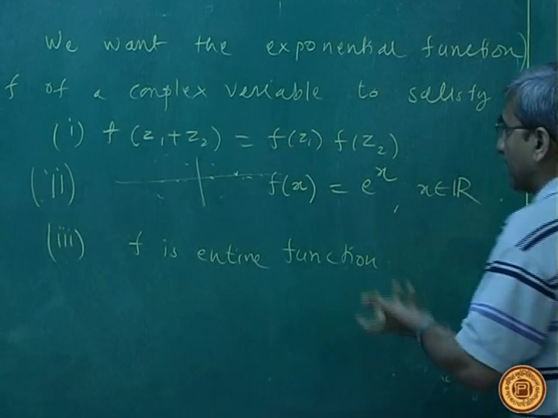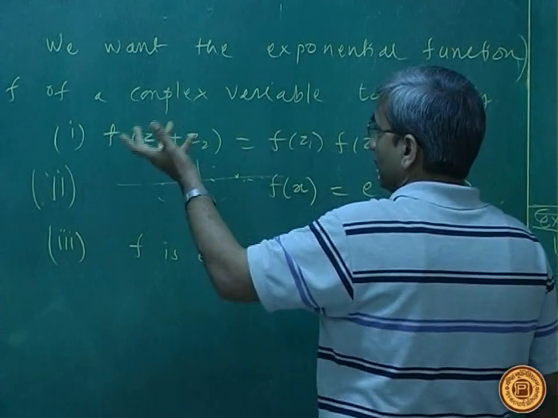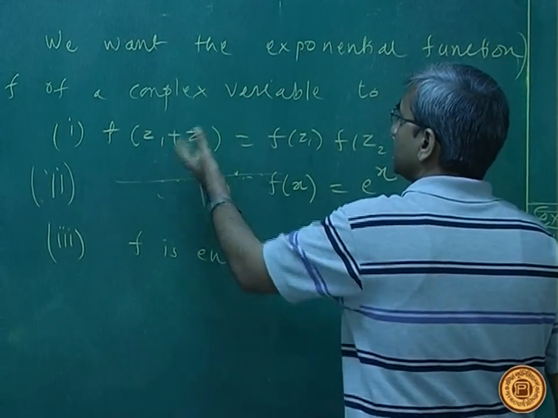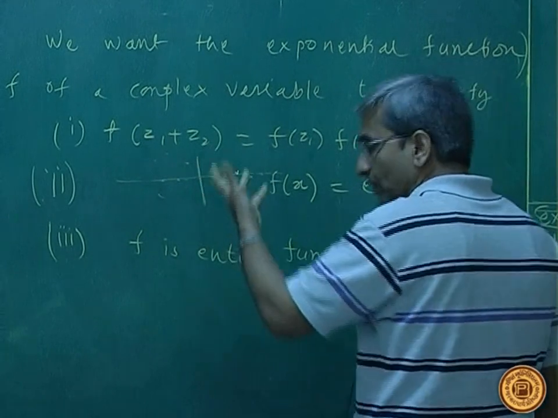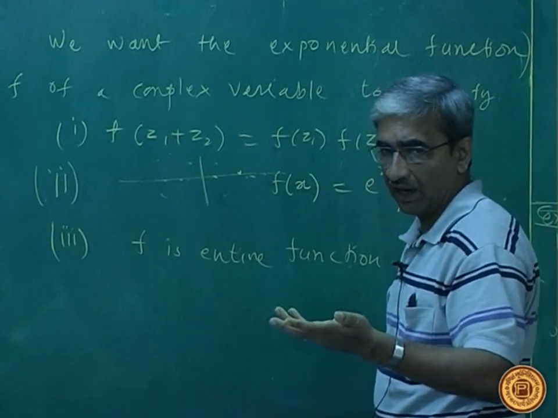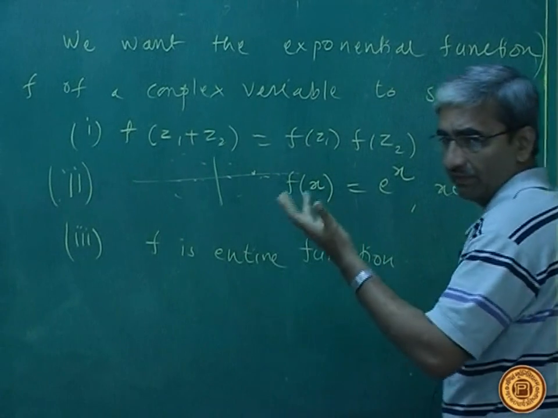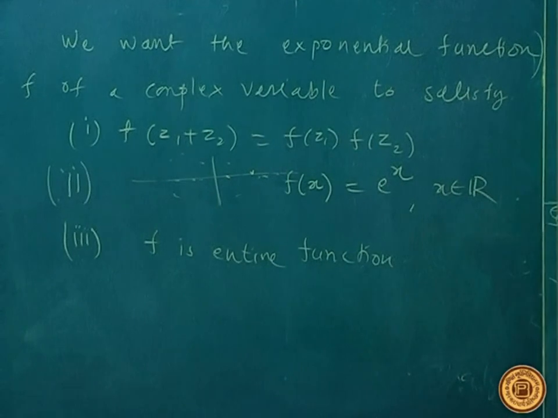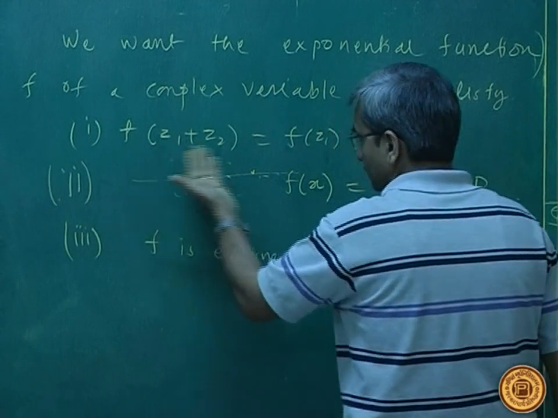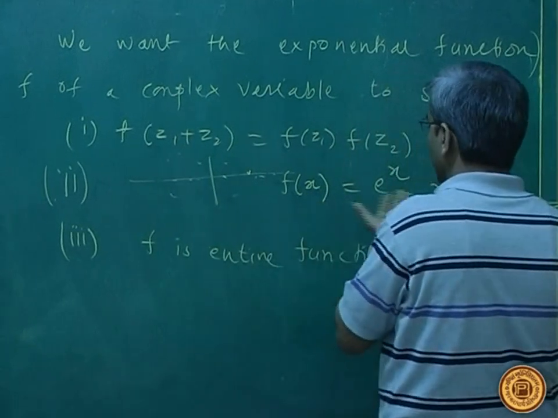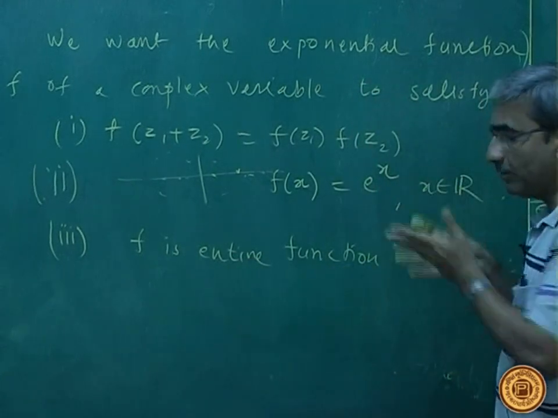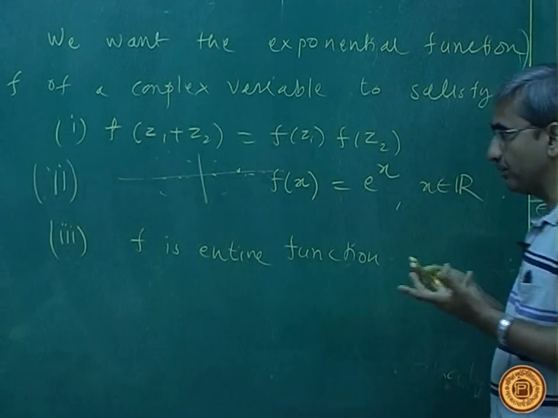This is what I expect of the exponential function of a complex variable, that it possesses these three properties. However I want to define this, I would like the definition to satisfy these three properties, because it has to satisfy this e to the power z1 plus z2 property. When restricted to x, it has to give this, and the minimum thing is we want it analytic everywhere. So this is the minimum expectation that I keep from the exponential function.